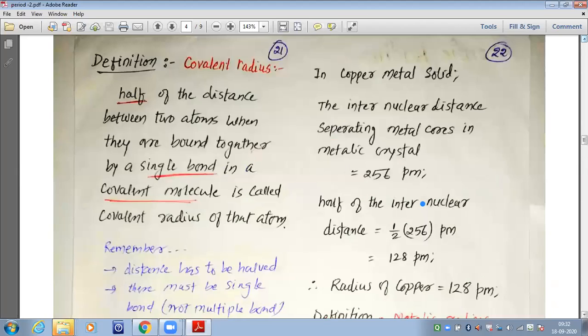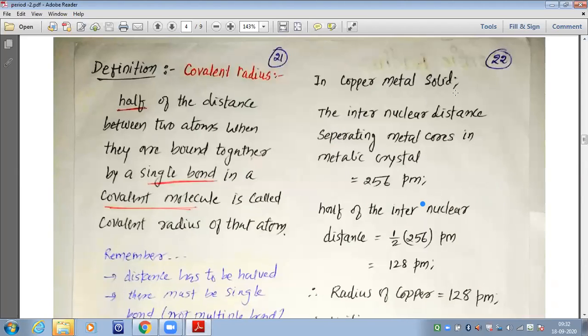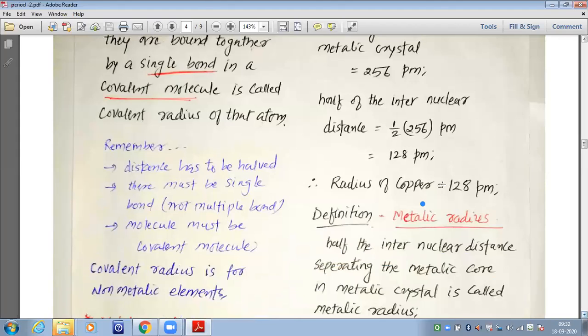So in a copper metal solid, the internuclear distance separating the metal cores in the metal crystal is equal to 256 picometer. Half of the internuclear distance is equal to 1/2 into 256 picometer. That gives us 128 picometer. Therefore, the radius of the copper atom would be 128 picometer, or 128 into 10 to the power minus 12 meter, my dear students.